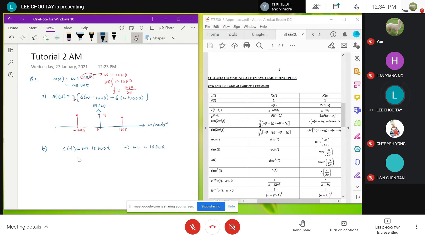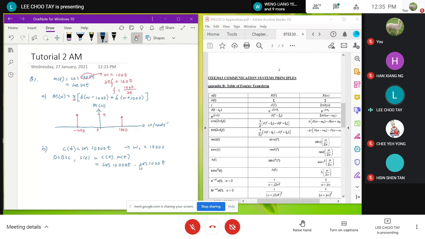What is the double sideband suppressed carrier equation? Call it s(t): just multiply the two signals together, c(t) with m(t). In this case, I multiply cosine of 10,000t with cosine of 1000t.